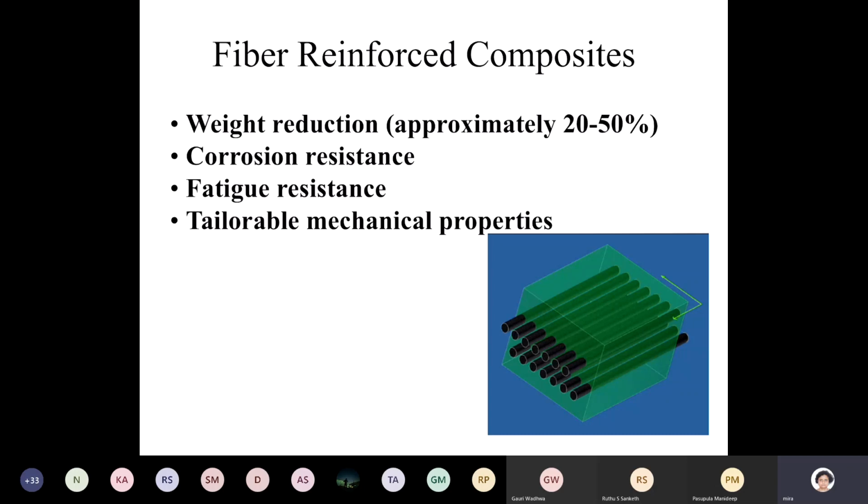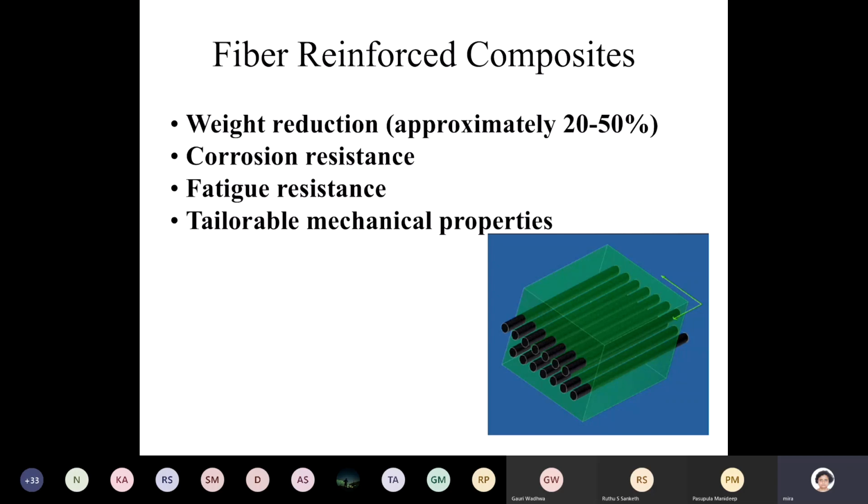I cannot talk about what fiber reinforced composite is at this point of time, but it is basically carbon fibers, mostly, sometimes glass fiber, laid up in a polymer or plastic kind of material. These are called fiber reinforced composites, so polymer which is reinforced by oriented carbon or glass fiber.